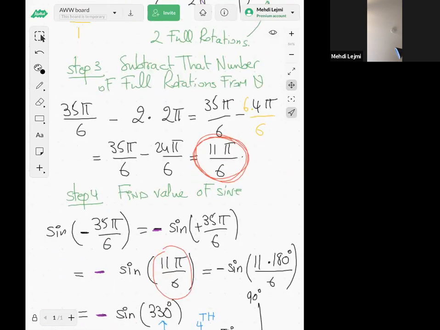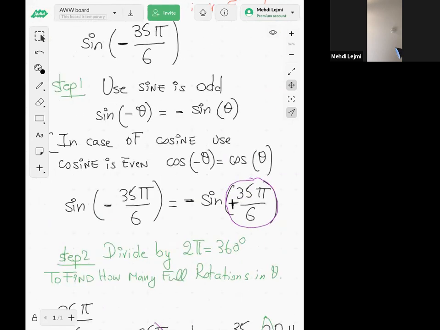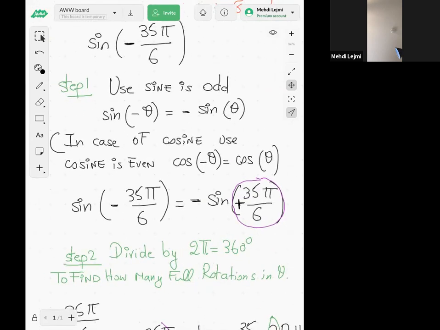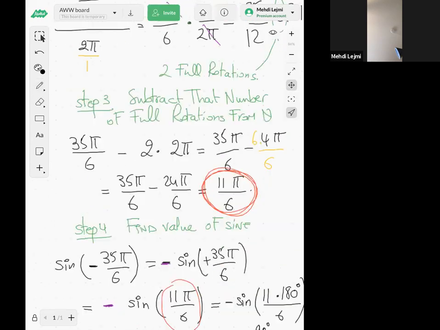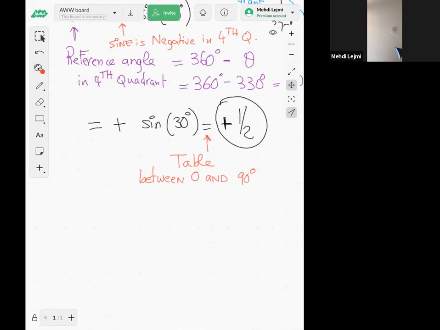We won't have a first step if your angle is positive, because you don't have to use the fact that sine is odd or cosine is even, since you already have a positive angle.